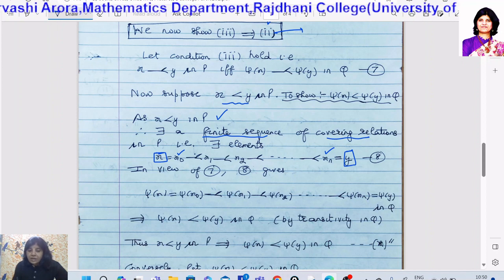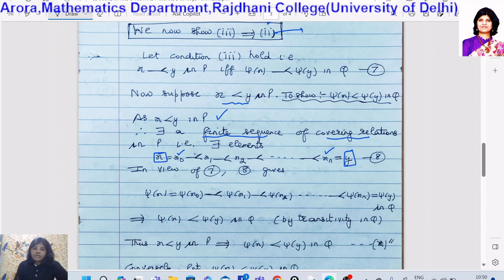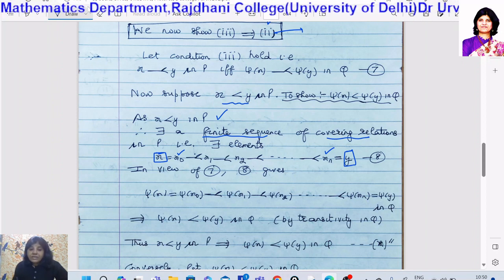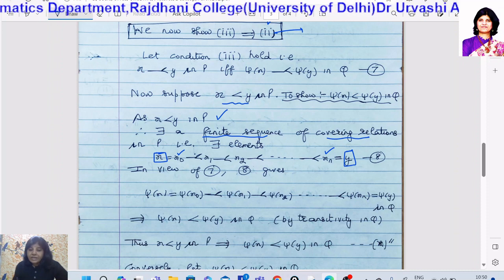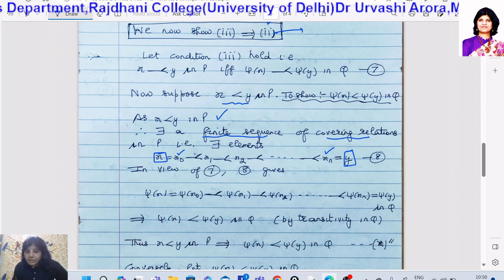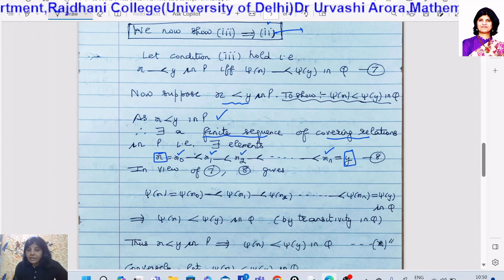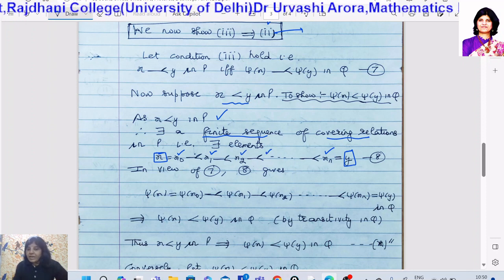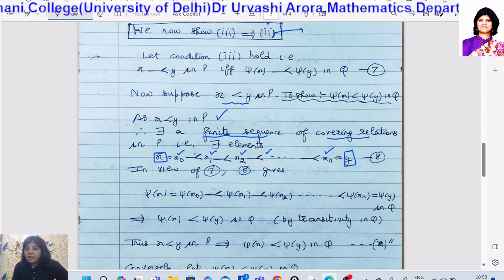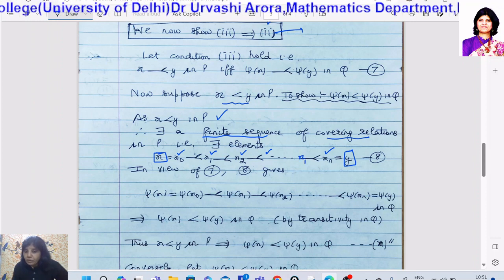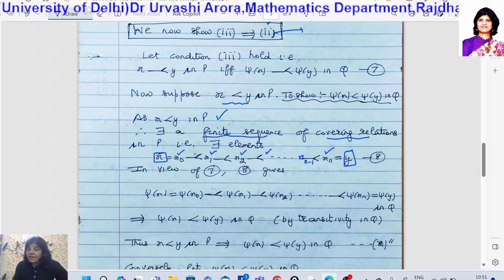There is a sequence of covering relations between x and y, which means that x, which we are taking as x naught, will be covered by x1, and x1 will be covered by x2, and x2 will be covered by x3, and so on. Finally, xn minus 1 will be covered by xn, and xn is nothing but y.